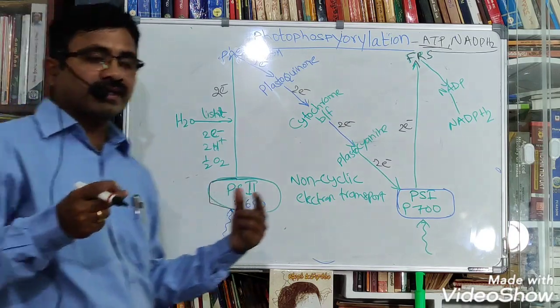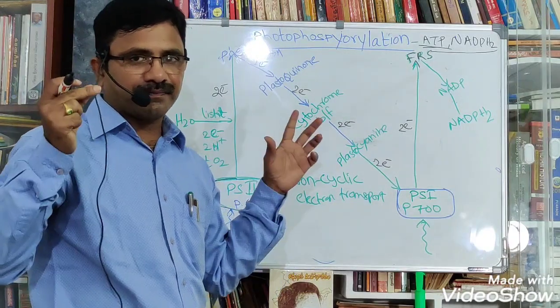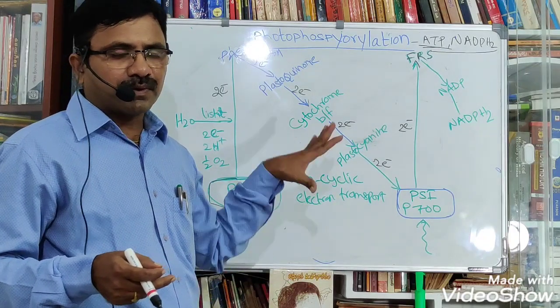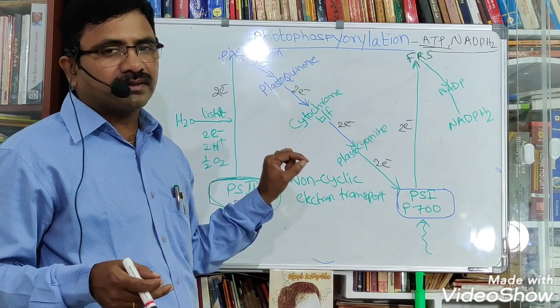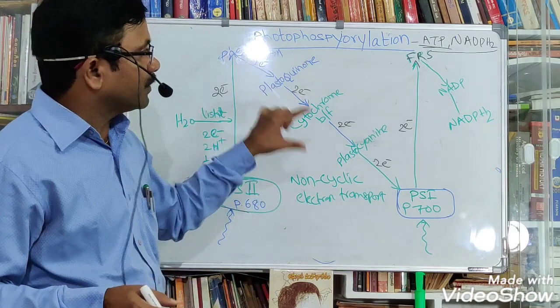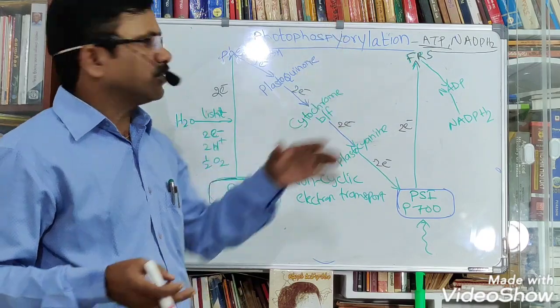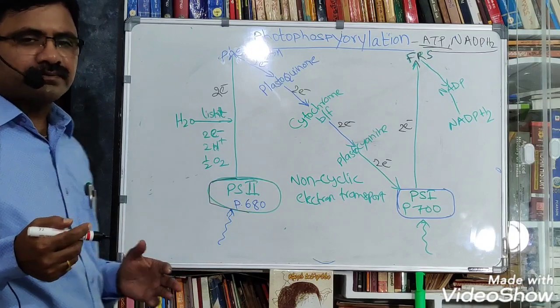It receives 680 nanometer wavelength of light. So the electron transport and the proton translocation are important events that act as the driving force for photophosphorylation. So let us know the details about electron transport.